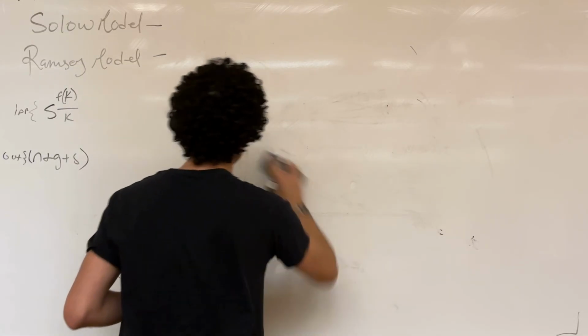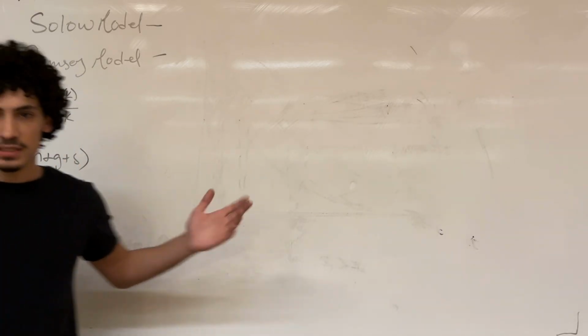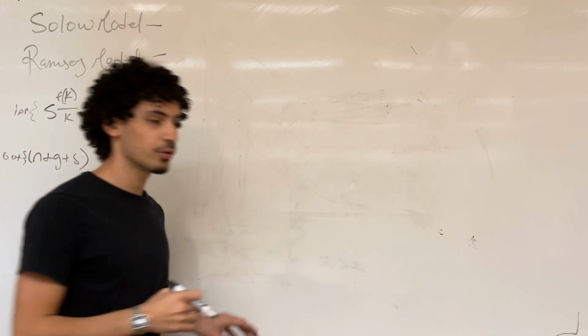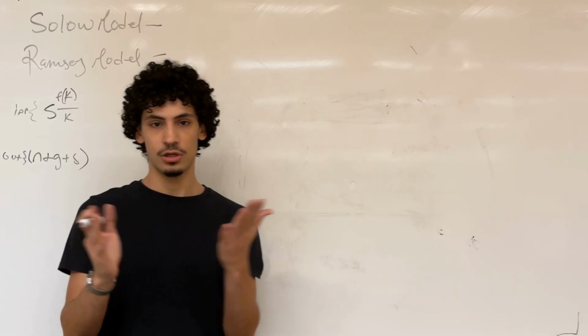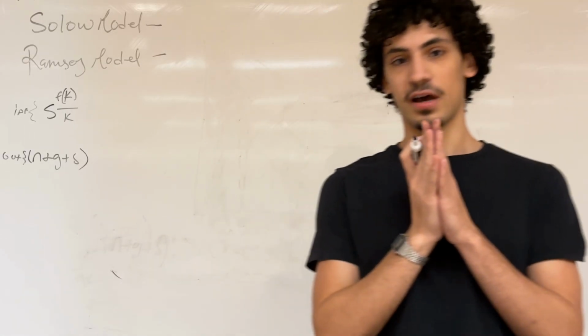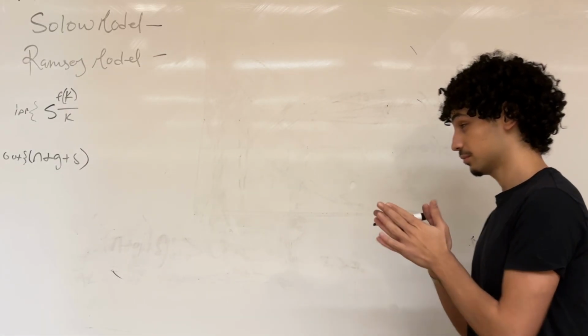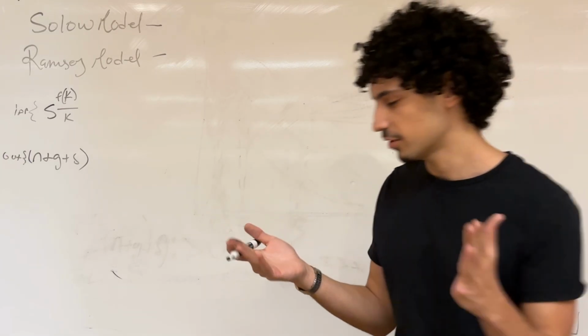Now, that basically is the Solow model, but I just want to quickly show the time graph. I don't know what it's called, okay, I'll explain.